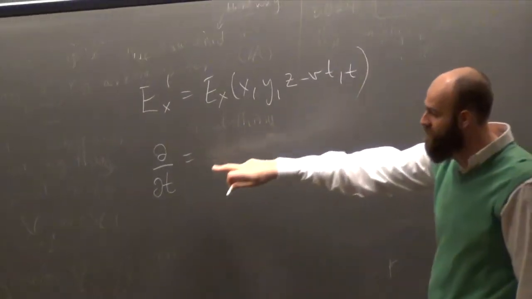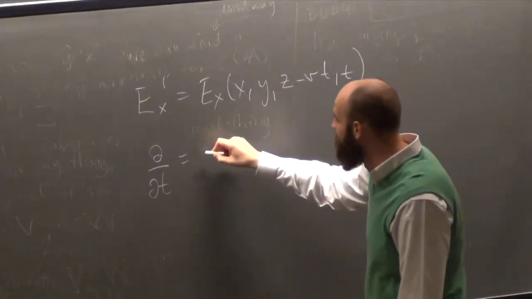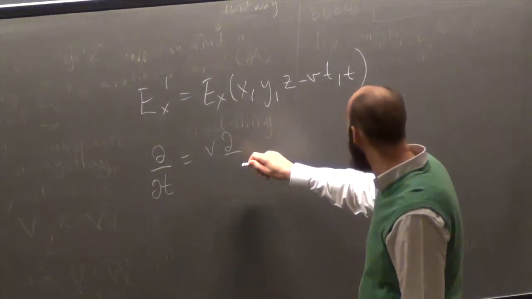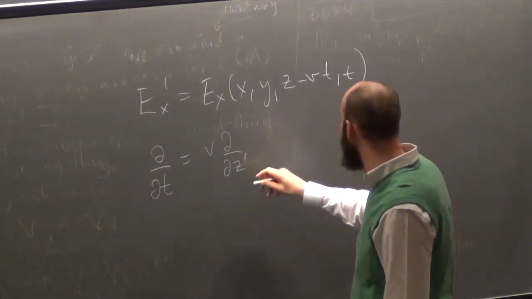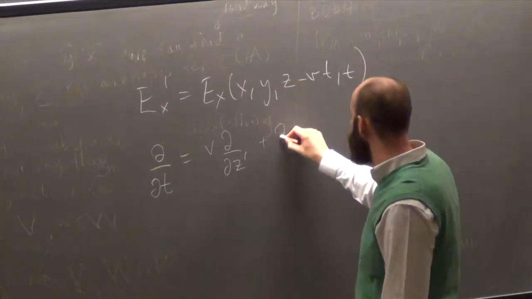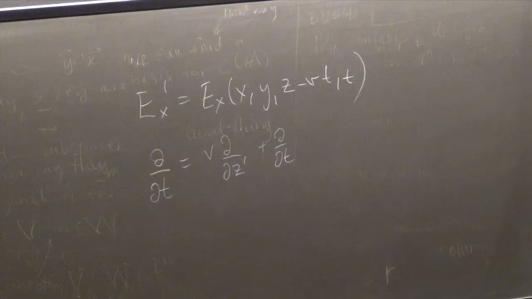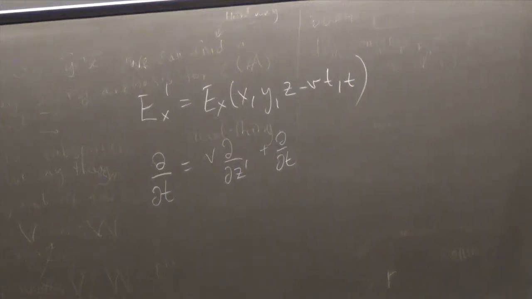So this partial derivative with respect to t now looks like v partial with respect to z prime, plus partial with respect to t.